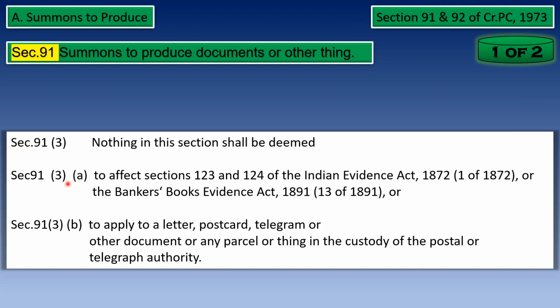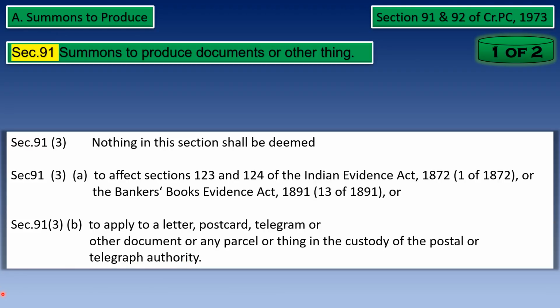Clause A of subsection 3 of section 91 says it does not affect sections 123 and 124 of the Indian Evidence Act 1872 or the Banker's Book Evidence Act 1891. Clause B of subsection 3 of section 91 says it does not apply to a letter, postcard, telegram, or other documents or any parcel or thing in the custody of the postal or telegraph authority.